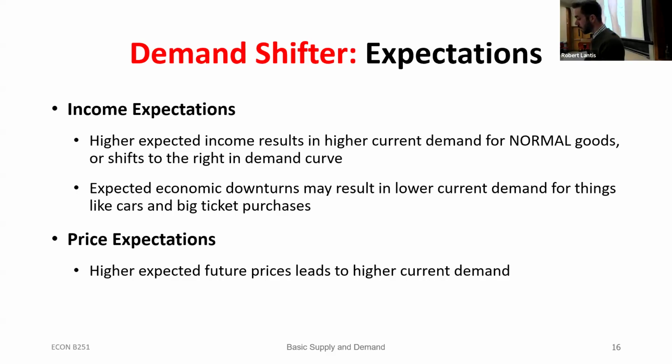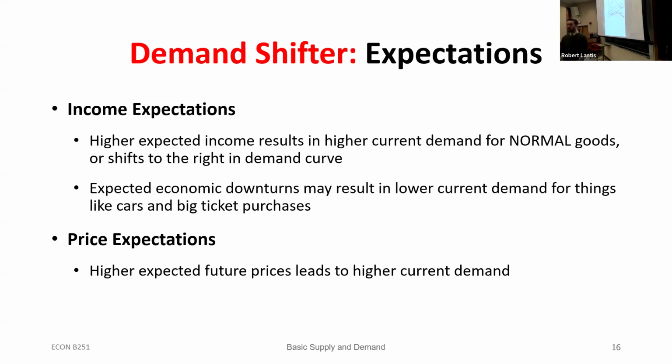If I think that prices are going to be lower tomorrow, then the current demand I'm actually going to see decrease. People don't want to buy it today, they want to buy it tomorrow. So there, in this third scenario, current demand would decrease if I expect prices to be lower in the future. So expected prices work a little bit different than changes in the current price.